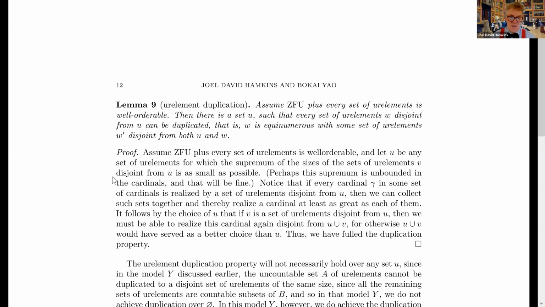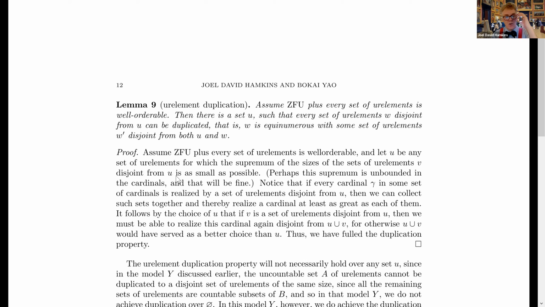So first, if every set of atoms is well-orderable, I'm not assuming AC, just that the sets of atoms are well-orderable, then you can find a set U so that every set of atoms that's disjoint from U can be duplicated to another set of atoms disjoint from both of them. That's not too difficult to see.